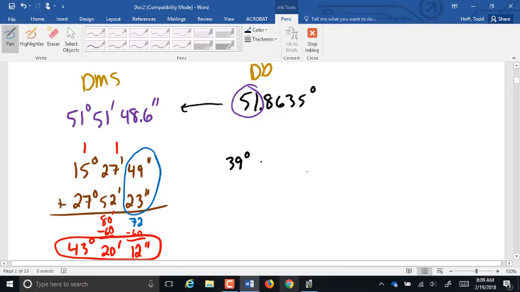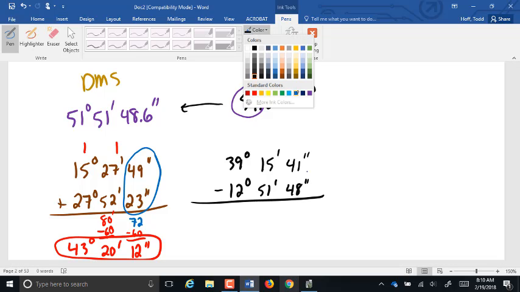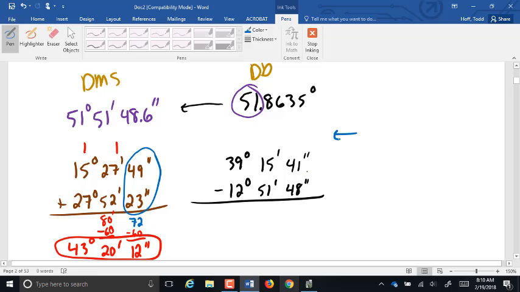I might have 39 degrees, 15 minutes, 41 seconds, minus 12 degrees, 51 minutes, 48 seconds. Subtraction. I start on the right, work my way back to the left, just like always, and I can borrow if I need to.